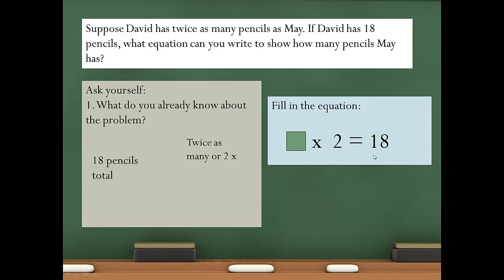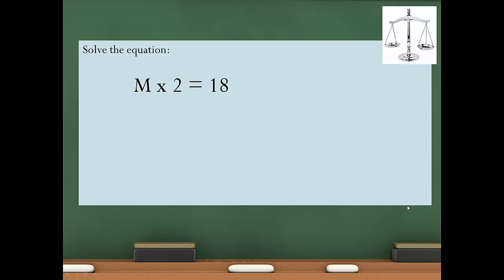We can fill in 18 as the total number of pencils, and then we want to know how many pencils May has. We can make May our variable. So as we go to solve this equation, we have m times 2 equals David's total number of pencils, 18.